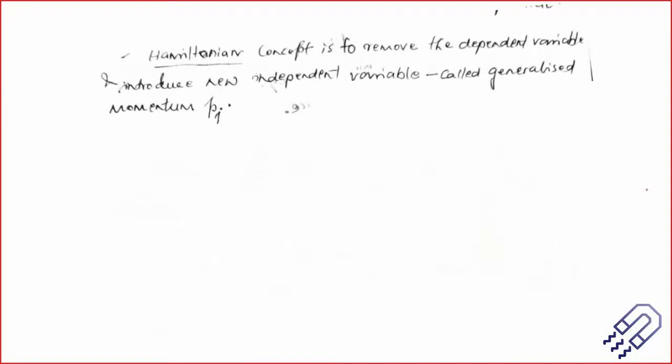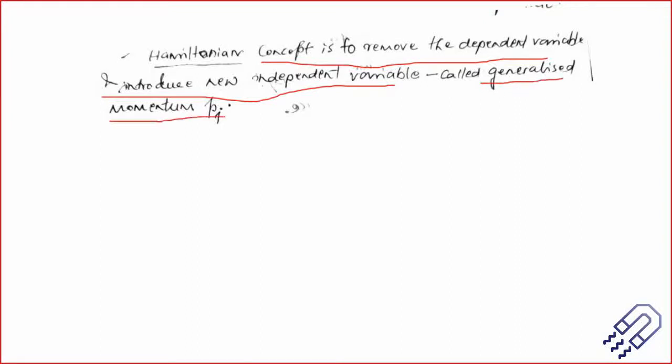If we go back to the Hamiltonian, it is used to remove the dependent variable and introduce a new independent variable, called the generalized momentum pj. So we are getting rid of qj dot and including pj.